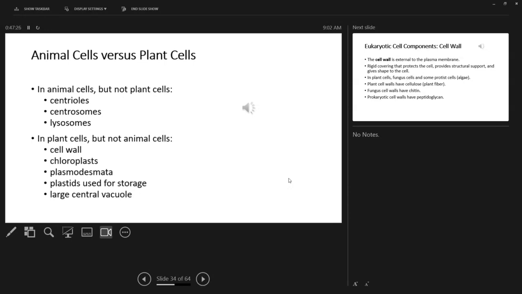We saw that earlier. Animal cells don't have a cell wall. Chloroplasts, those are little green organelles where the photosynthesis happens in plant and algae cells.